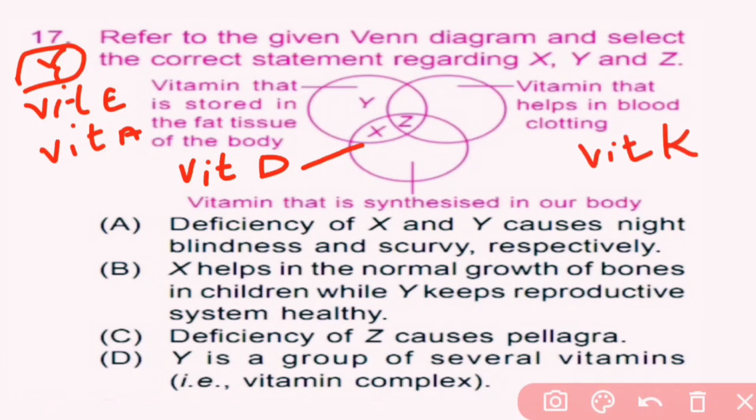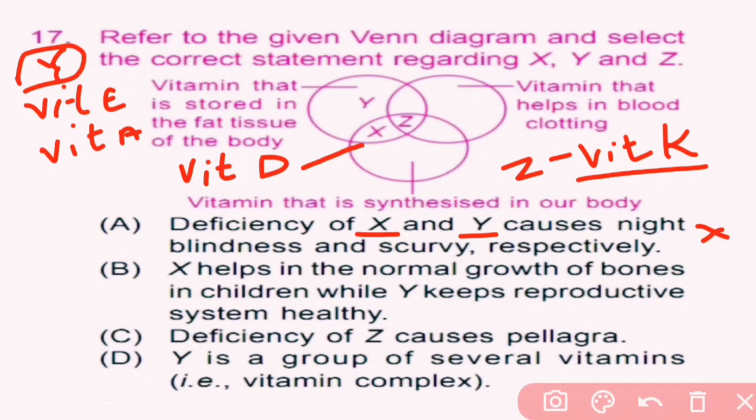So Z represents vitamin K. Now option A, deficiency of X and Y causes night blindness and scurvy respectively. Here X is vitamin D and Y is vitamin E. This is an incorrect statement because deficiency of vitamin A causes night blindness and deficiency of vitamin C causes scurvy.